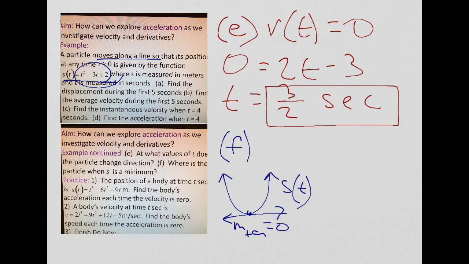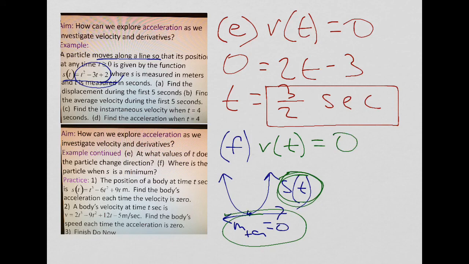So you are basically taking the derivative of s and setting it equal to 0. Well, the derivative of s of t is s prime of t, which is v of t, and we already set it equal to 0 in part E. We found the answer to be 3/2.